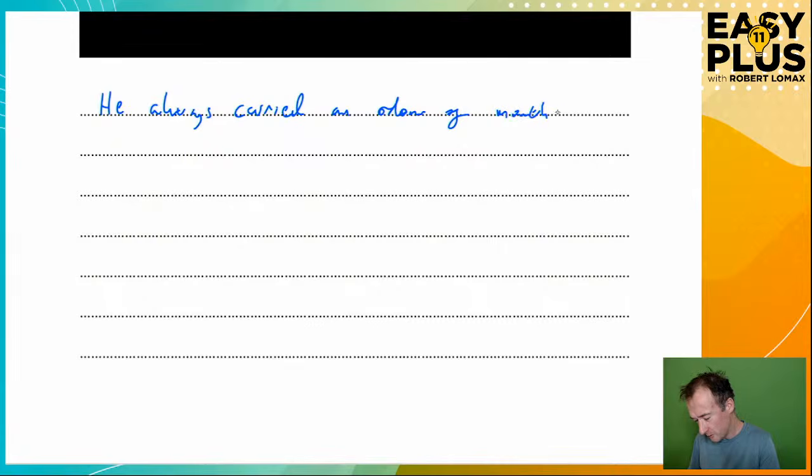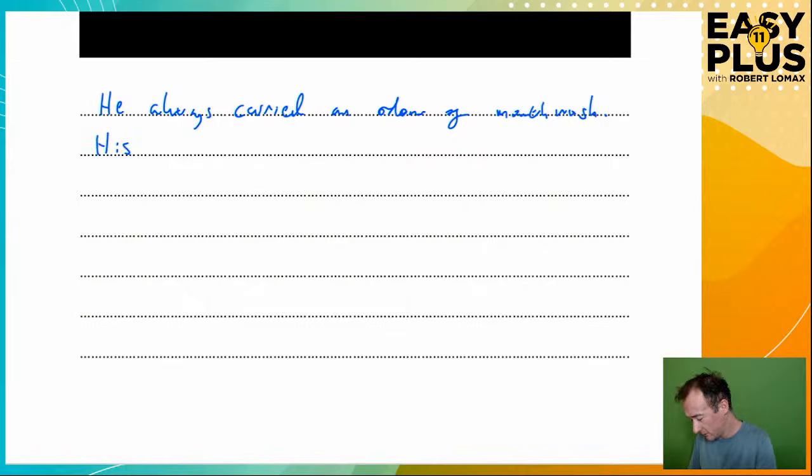Why not? This is someone who's very concerned about their personal hygiene. He always carried an odour of mouthwash. Interesting first sentence. Now here we are showing some skills. We're being descriptive. We're doing something interesting from the very start.